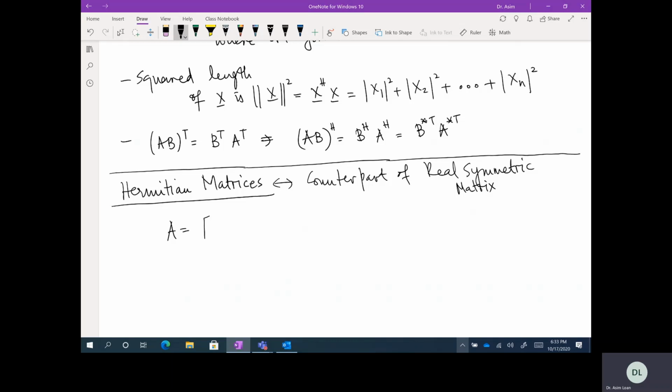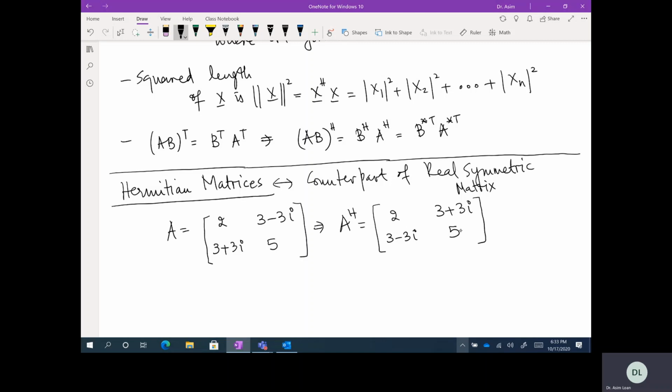So if A is equal to 2, 3 minus 3i, 3 plus 3i, and 5, then A^H equals, when I do transpose, 2 and 3 minus 3i here, 3 plus 3i here, and 5.